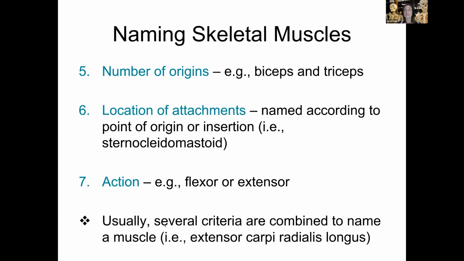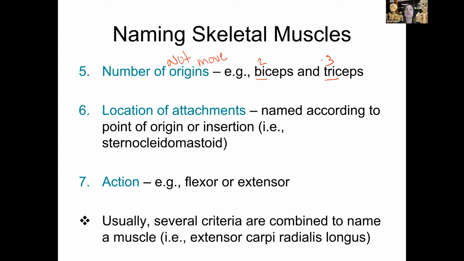We can also name our muscles based on the number of origins. Remember that term origin, it means this is the part of the muscle where it connects that does not move. So your bicep, bi means 2, and your tricep, tri means 3. They have 2 and 3 origins respectively.